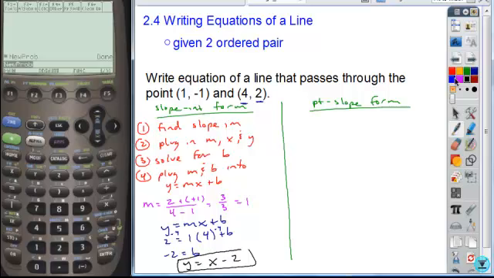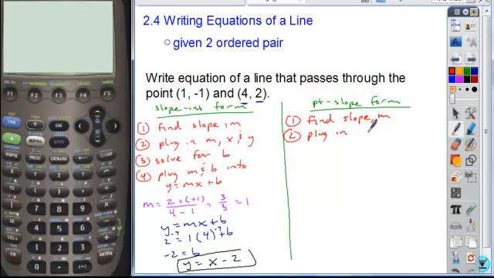Okay, now I could also have gone through the point-slope form. The point-slope form still involves beginning with the slope. It then involves plugging in the x1, y1, and the slope value.